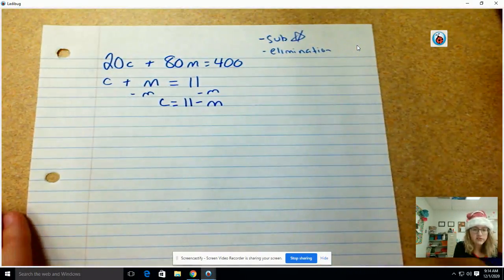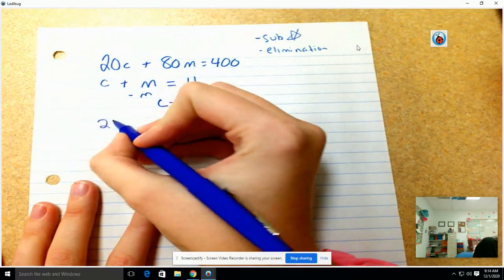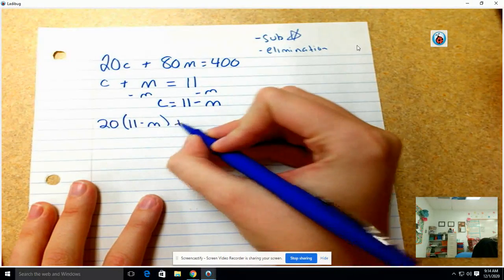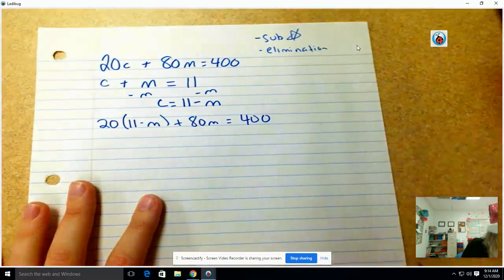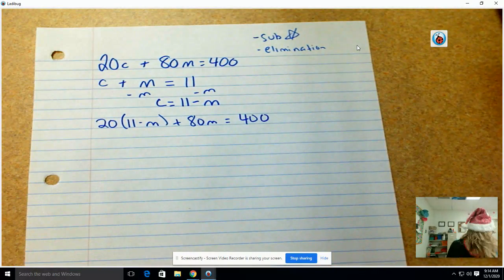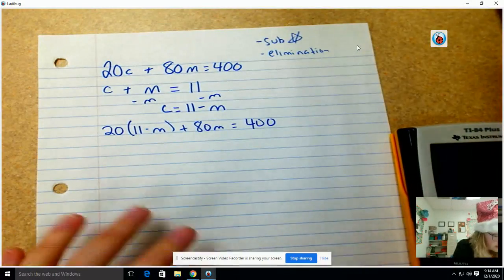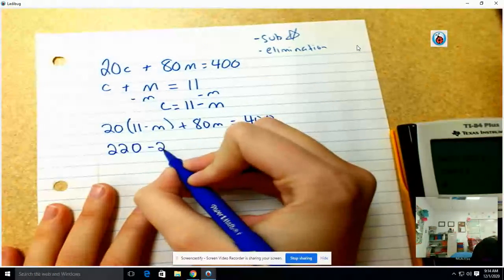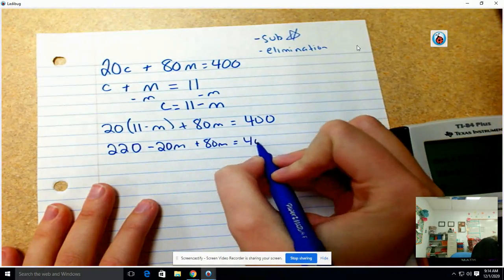And like what we did last week, we're going to plug this in wherever we see a C in that first equation. So it's going to be 20 times 11 minus M plus 80M equals 400. So then we're going to solve. We're going to distribute that 20. So it's going to be 20 times 11 is 220 minus 20M plus 80M equals 400.